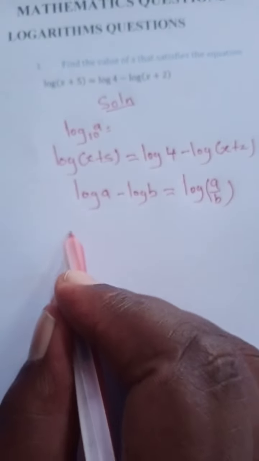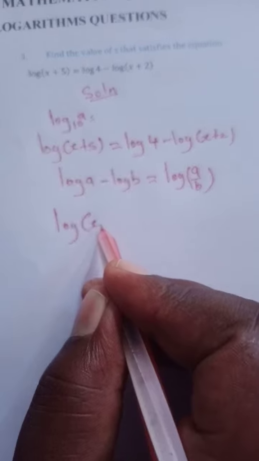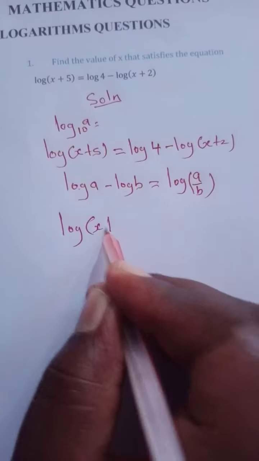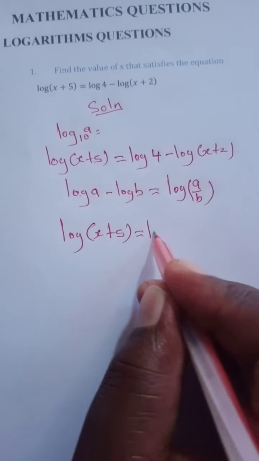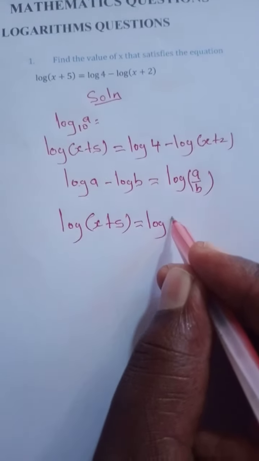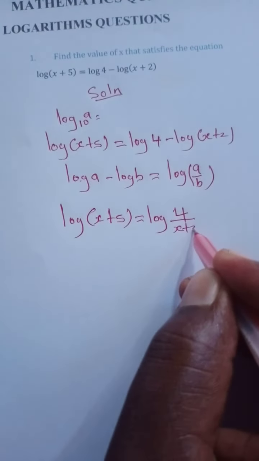So the left hand side will be log(x + 5) equal to log of 4 divided by x + 2.